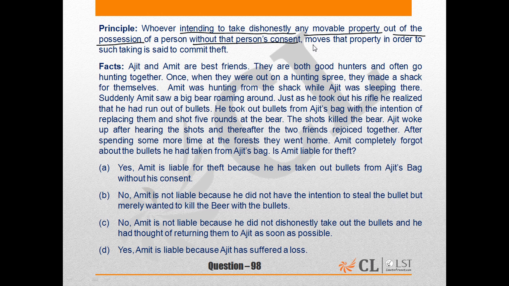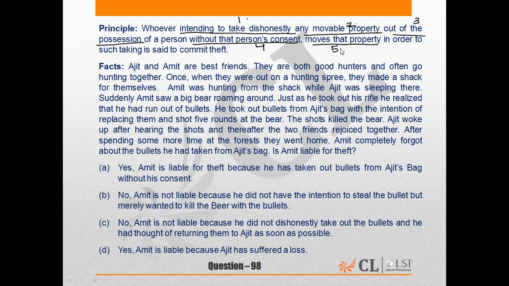And what does the person do? Moves that property. So we can see that there is first requirement, intending to take dishonestly, then second, movable property, third thing, out of the possession, fourth, without the consent, and fifth, moving that property. So these are the requirements for an offense of theft.